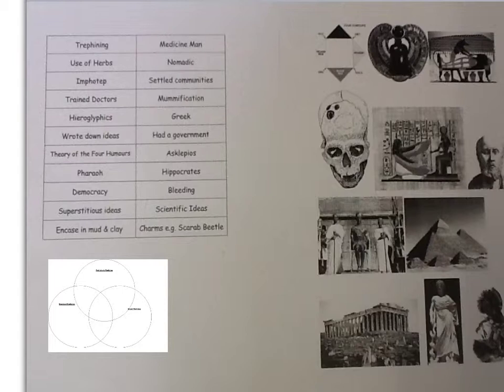Next comes superstitious ideas. The next is the use of charms. Followed by the role of government.